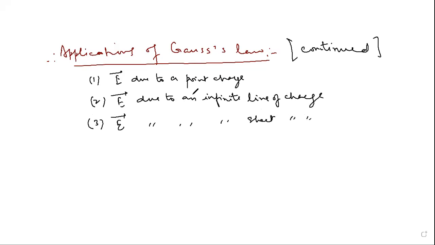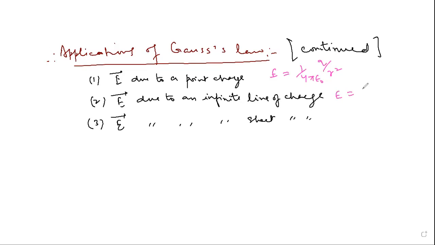Here we proved that electric field due to a point charge is given by 1 by 4 pi epsilon naught q by r square, where symbols have their usual meaning.